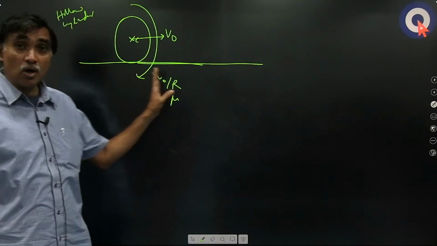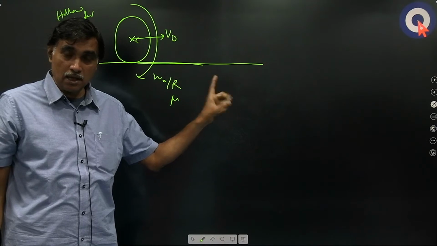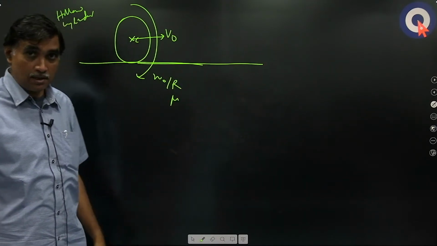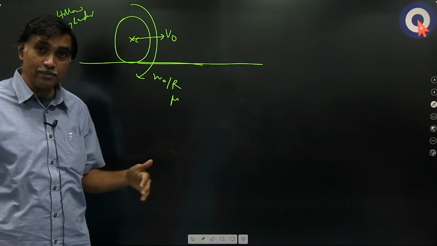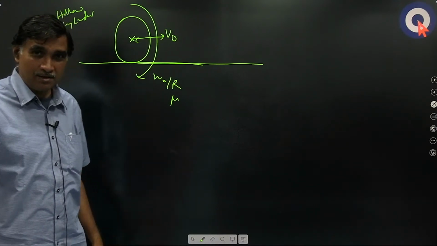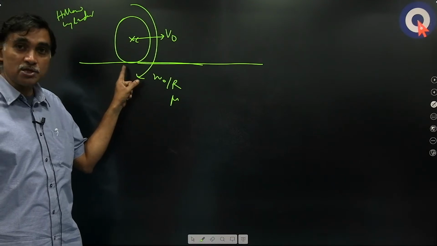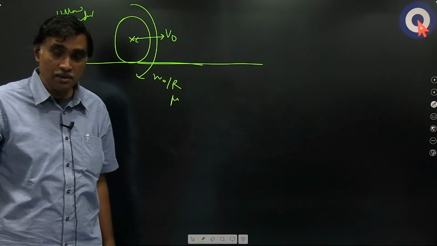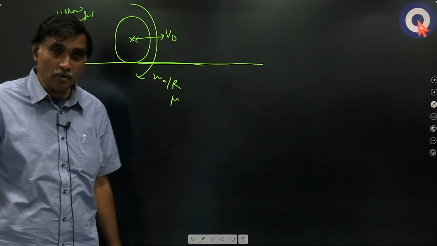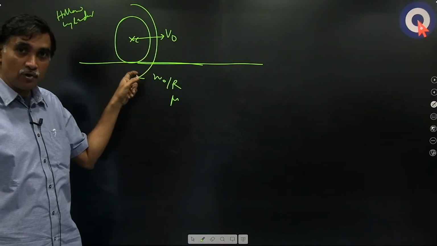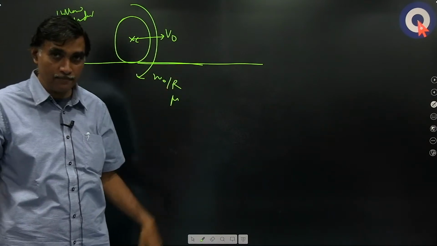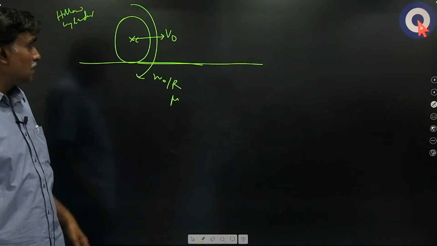Now if V equals R omega on a fixed surface and the velocity of the lowest point is 0, it is rolling. Sometimes even if V equals R omega, it may not be rolling, because V and R omega for the lowest point may be in the same direction, then they get added and it will be slipping. But if V equals R omega in such a way that the velocity of the lowest point is 0, then it is said to be rolling.